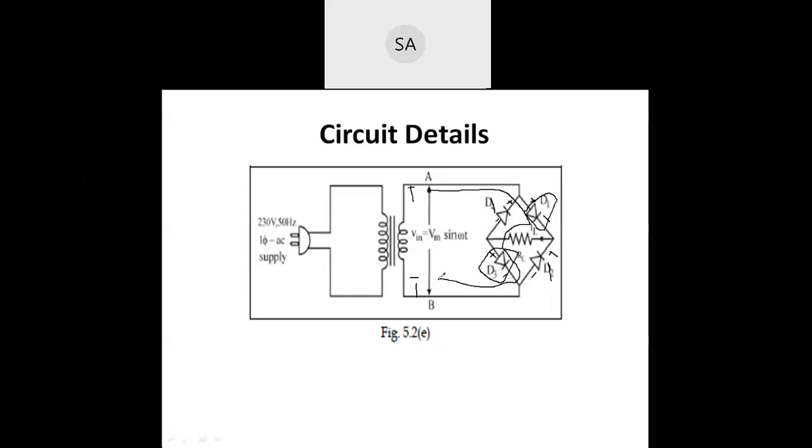So this is the direction of current flow through this circuit during the positive half cycle of the AC input voltage: from A to diode D1, through the load resistance, through diode D3 and to the end B. So this is the direction of the current flowing.